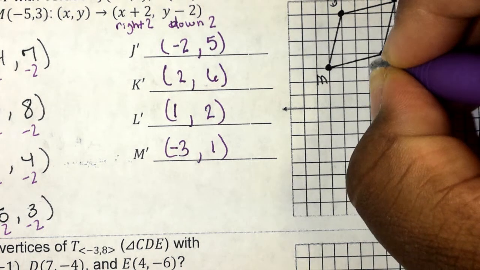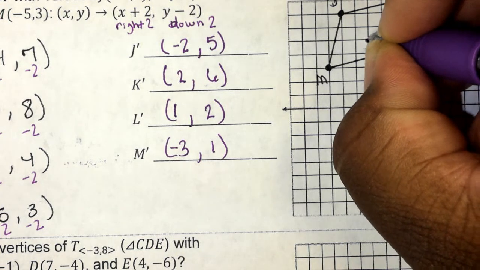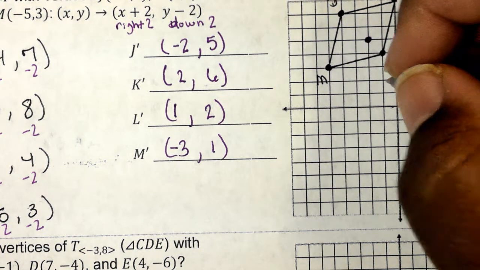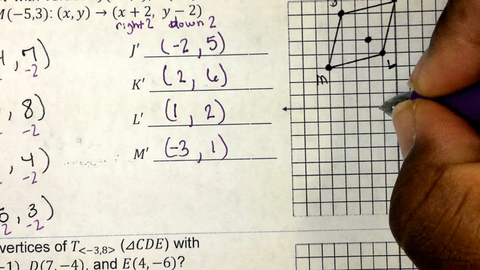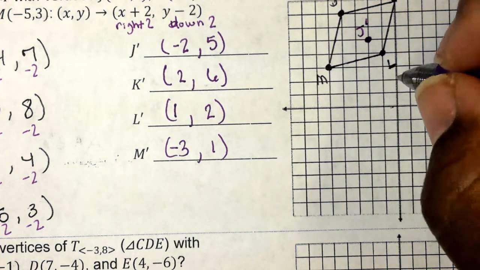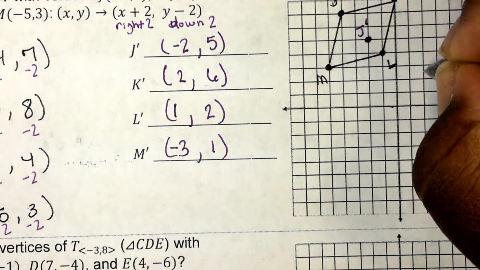So negative 2, up 5: 1, 2, 3, 4, 5. And it's okay if your images overlap sometimes. Depending on how small the transformation is, they may do that. This one's starting out by overlapping. K' is at 2, 6.